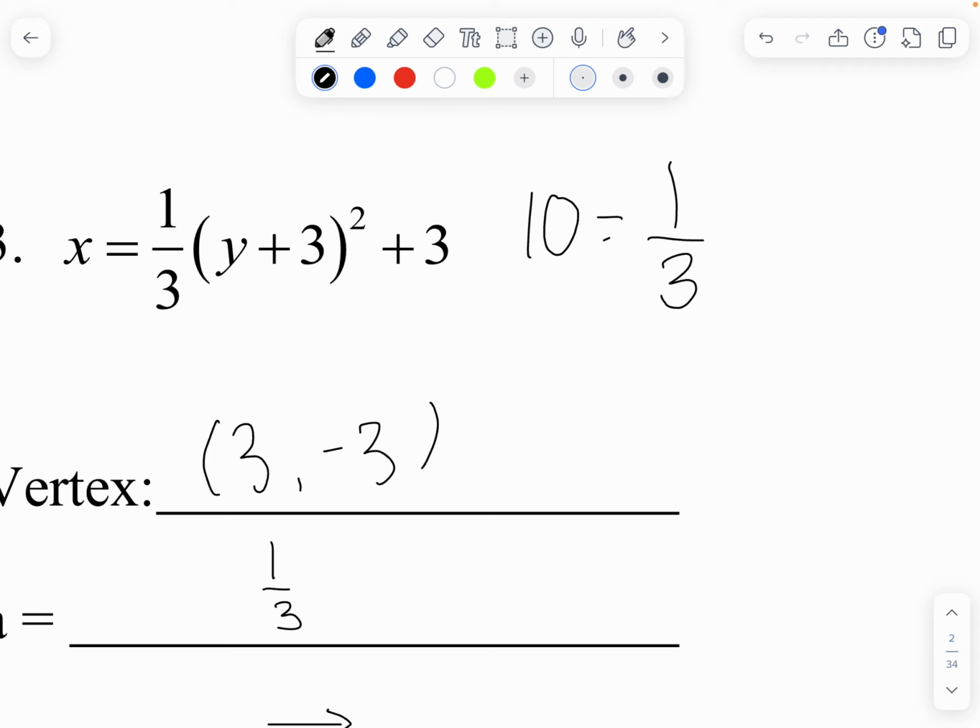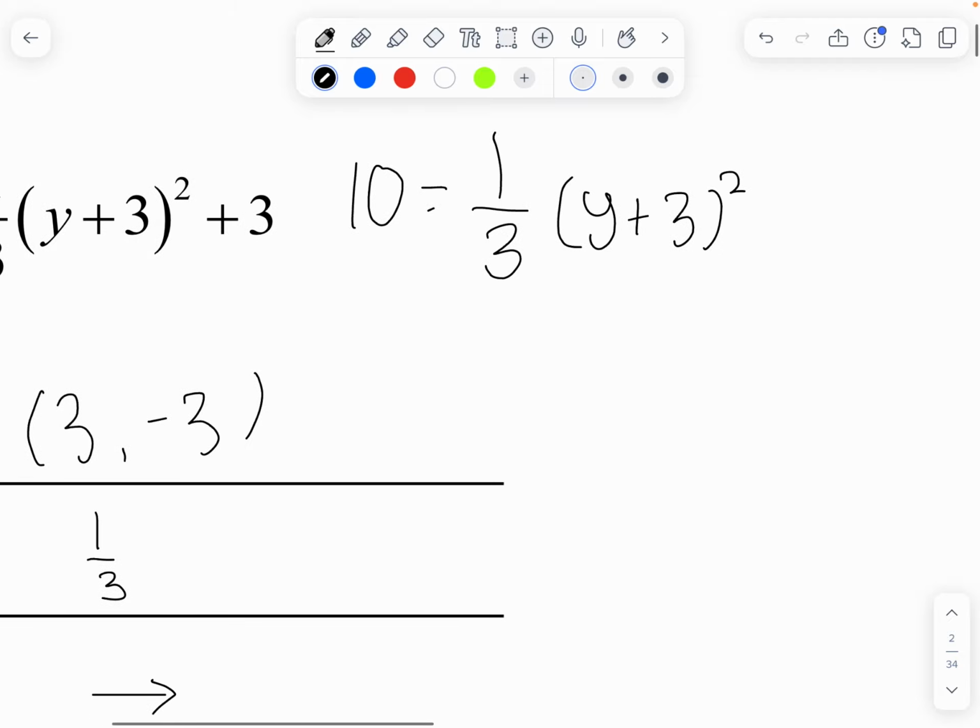So we're trying to find the y value. So y would equal approximately 1.58.